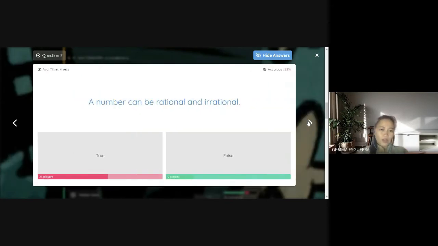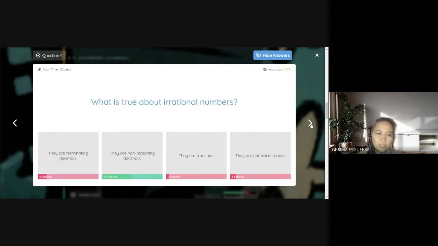Next, a number can be rational and irrational. That is false. Kasi ang number, kung rational lang siya, hindi po pwedeng irrational. Next, what is true about irrational numbers? They are non-repeating decimals.